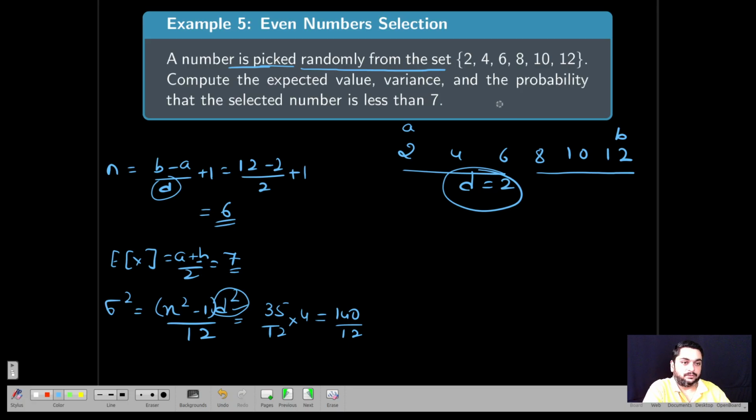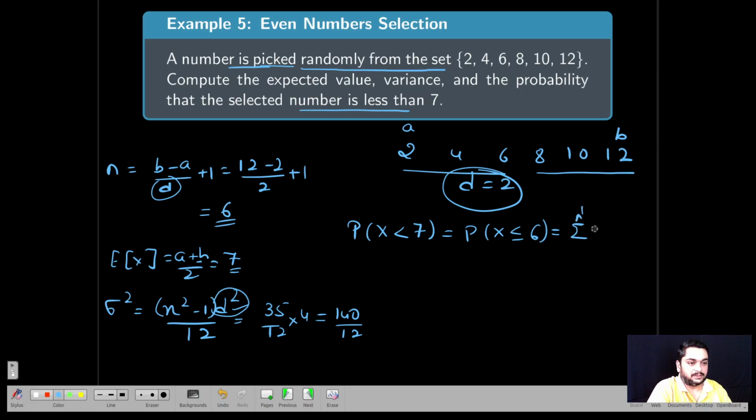Now what is that again? You have to find the probability that the selected number is less than 7. P of X less than 7 is equal to P of X less than or equal to 6. Less than 7 means the previous integer is 6. P of X less than or equal to 6 is equal to the summation from the starting number to n dash of 1 by n. So what is n dash here?